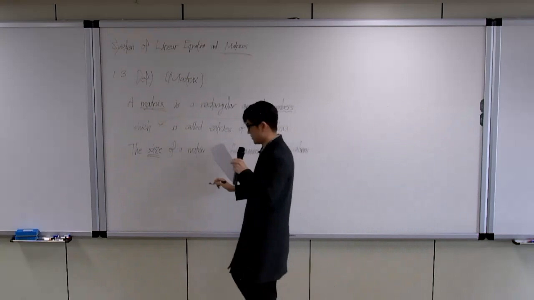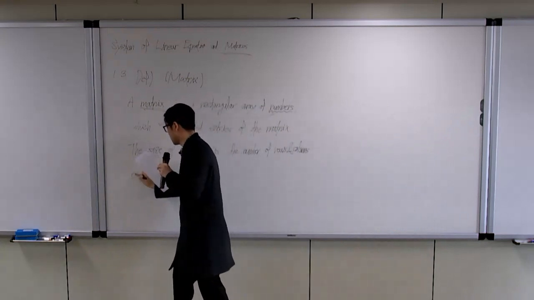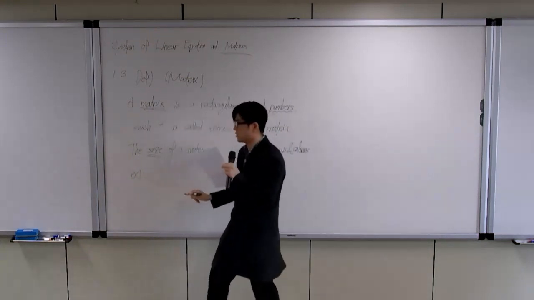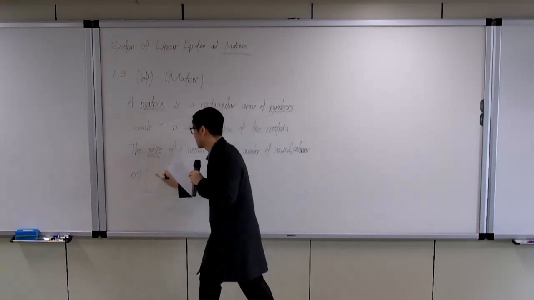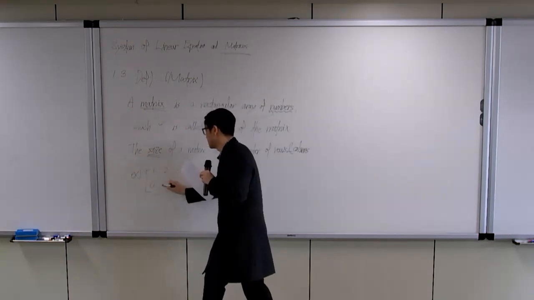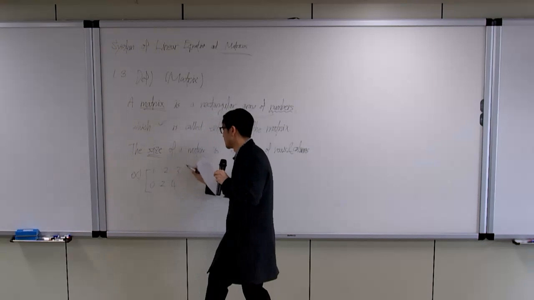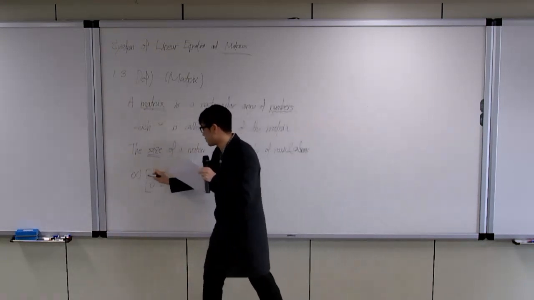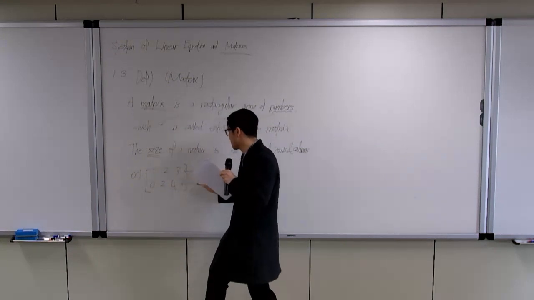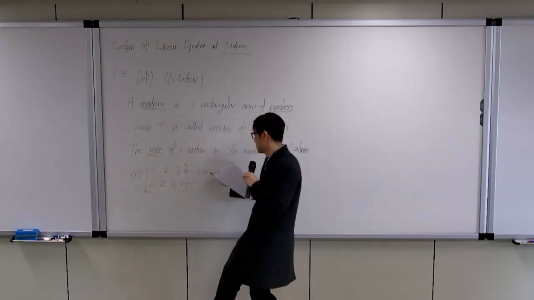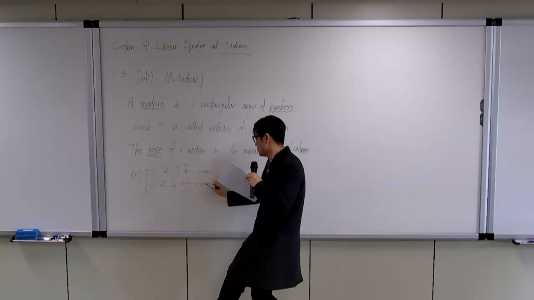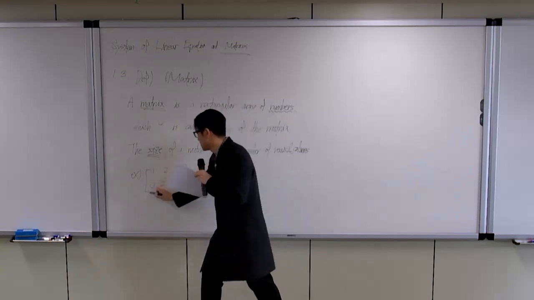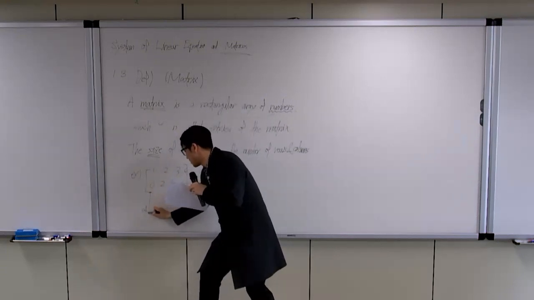I will give an example. If you have this matrix, it is a rectangular array, and it has 2 rows and 3 columns.